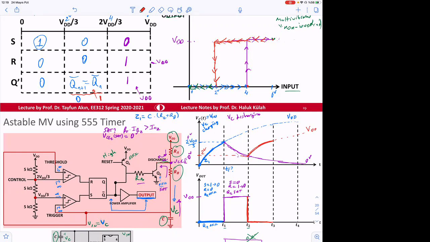And then things will change again when it reaches 4 volts, and then it will be trying to go to 0 volts. So when it reaches 2 volts here, things will change. So this was 4 volts, 2 volts. Then it will be going back again.